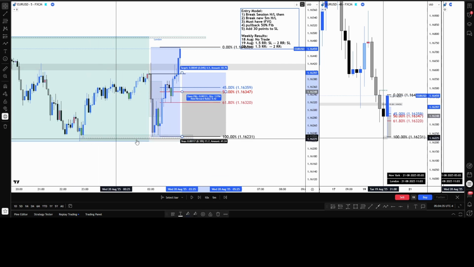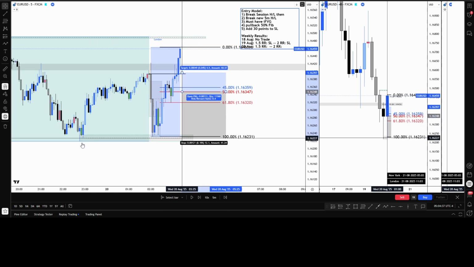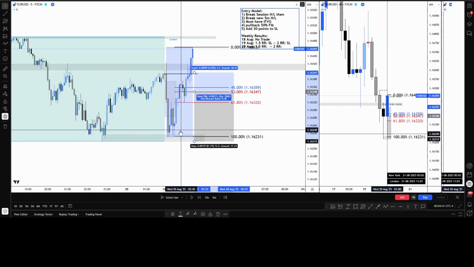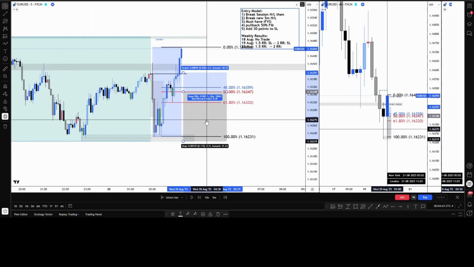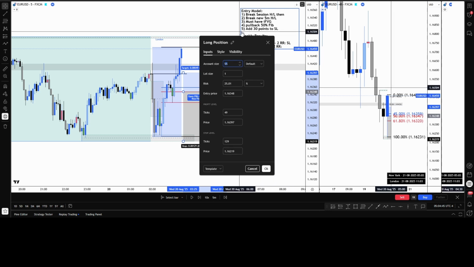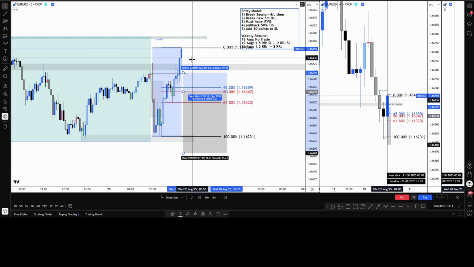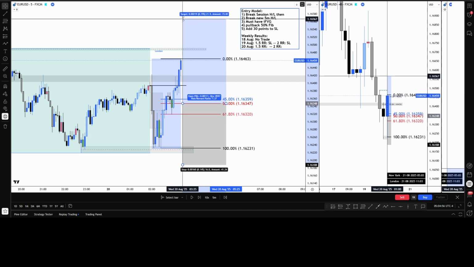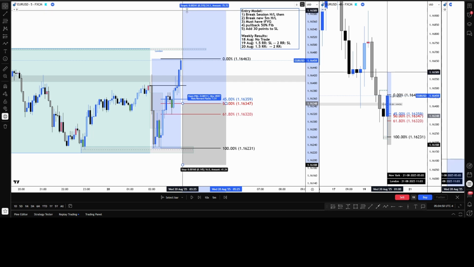I'm going to extend my original stop loss to here, because that's the low of the session. That's so close to this low. And then I'm going to add rule number 5, which is 30 points to the low. I'm going to aim for 1 to 1.5 risk reward.